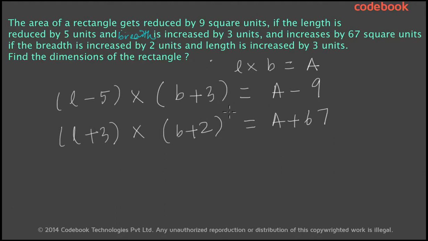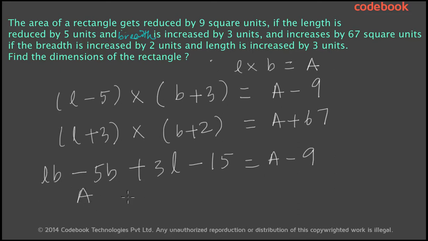So let's try to simplify this. First equation, let's multiply L minus 5 with B. So it becomes LB minus 5B, plus multiplying with 3, we have 3L minus 15, is equal to A minus 9. But we know LB is nothing but capital A, right? So we'll replace LB with capital A. So A minus 5B plus 3L minus 15 equal to A minus 9.